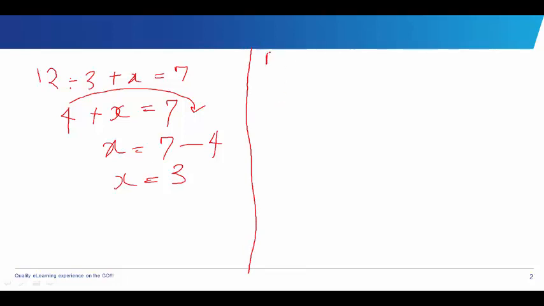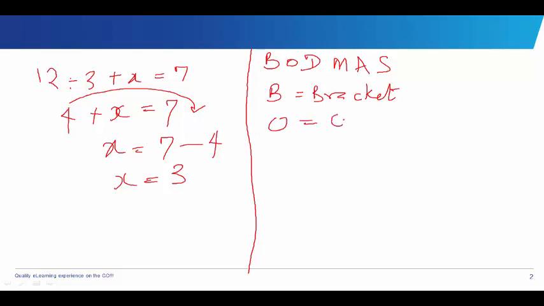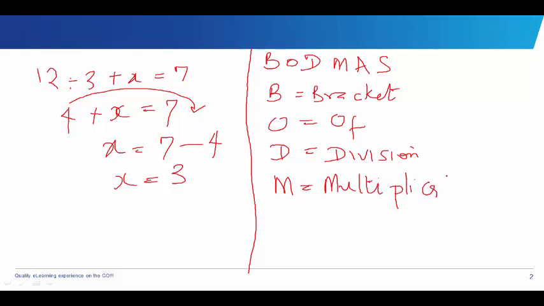Now let me explain something you must have forgotten. I hope you remember it, which is our concept of BODMAS. Now let me explain BODMAS. B here equals bracket. O means of. D means division. We've learned division already. M means multiplication. A means addition.